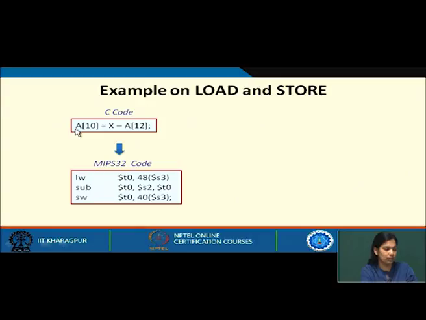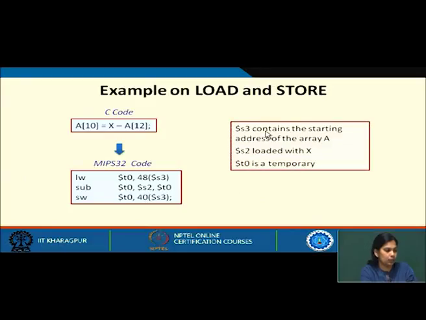So, the address of A plus 4 into 10, that is 40. S3 contains the starting address of this array A. So, this will be starting address plus 4 into 10, and this is starting address plus 4 into 12.